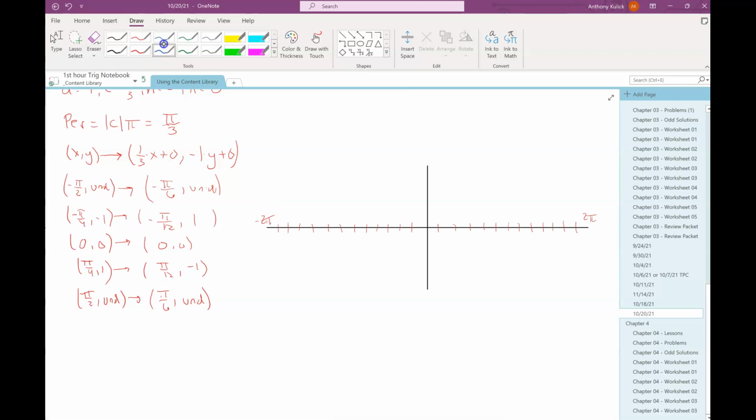So I have an asymptote at negative 1/6 and positive 1/6. And then in between I have 1, 0, negative 1. So there's my piece.